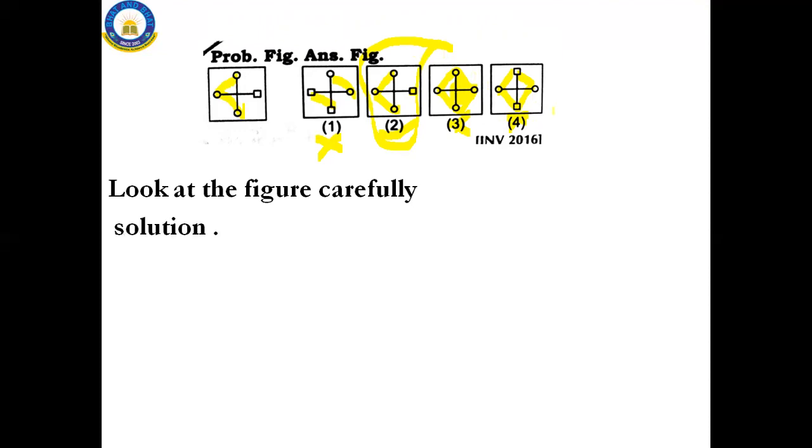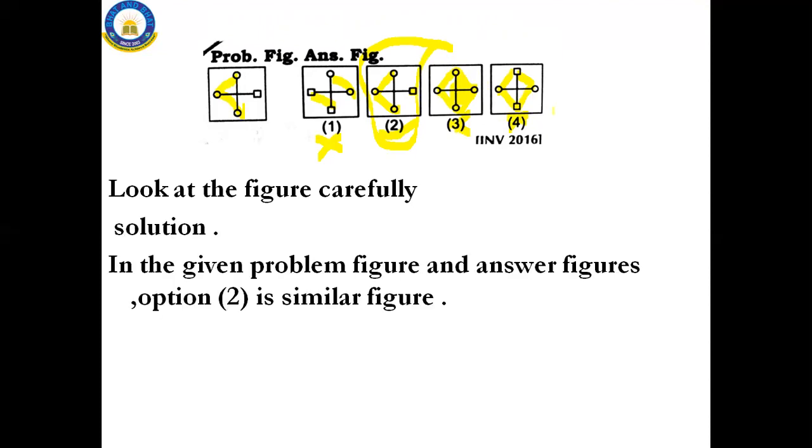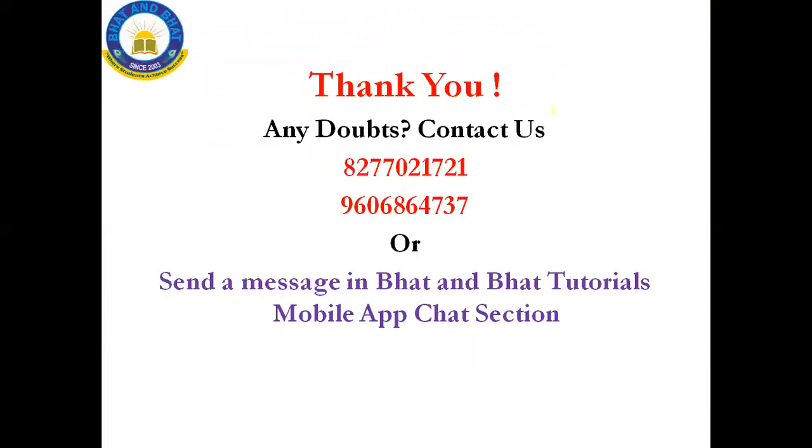Here what we have to do is find the same figure, similar to the problem figure. Therefore option 2 is the correct answer, and this is how we have to solve the questions. So the second chapter of your syllabus is figure matching. And my dear kids, it is a very easy chapter where you can score out of 4.